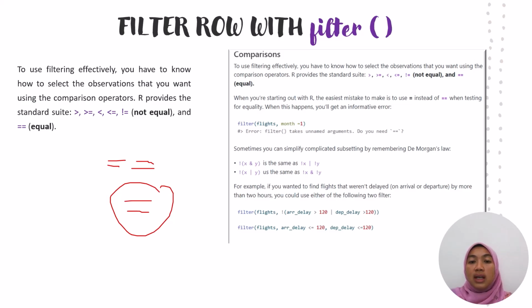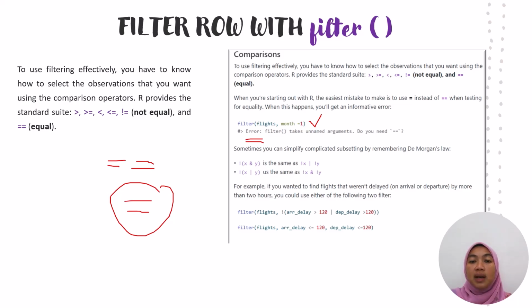So this is the filter command, filter flights month equal to 1, and you get an error because the command is wrong.